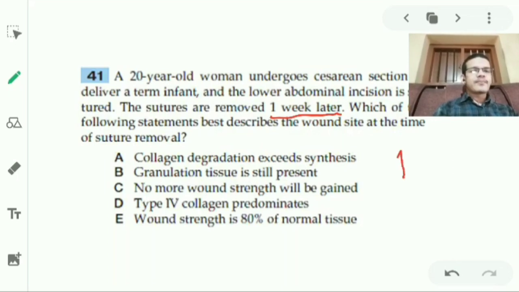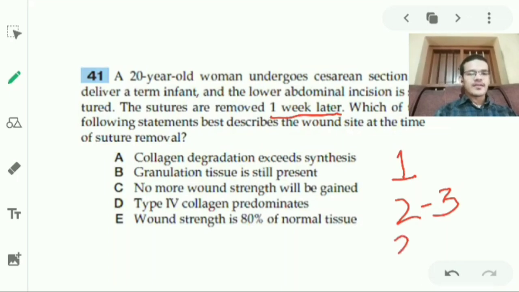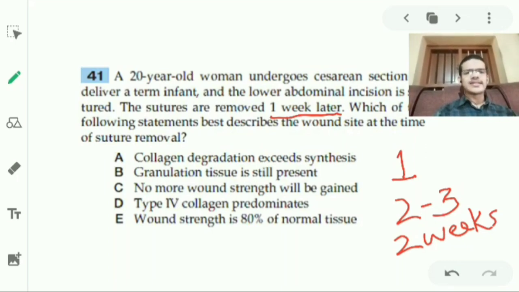The first day of wound healing, what happens? A platelet plug will be formed so as to stop the bleeding, and the inflammatory cells will start appearing. On the second to third day, the granulation tissue will start forming. After 2 weeks, the collagen synthesis is going on and the collagen is prominent, not dense.